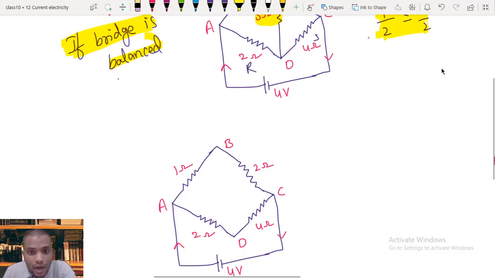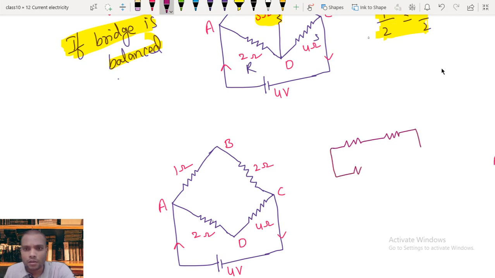The current through the arm BD equals 0, so the arm becomes ineffective. Now the circuit turns into this: the above two resistances are in series and the below two resistances are in series. So we have a 1 ohm resistance in series with a 2 ohm resistance, and below it a 2 ohm resistance along with a 4 ohm resistance.